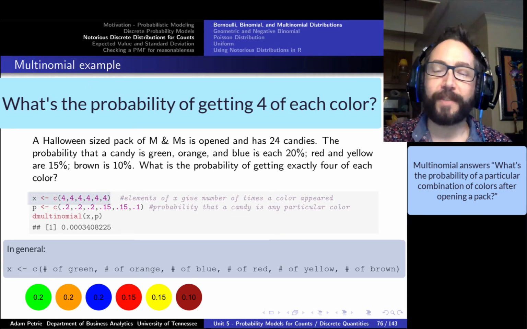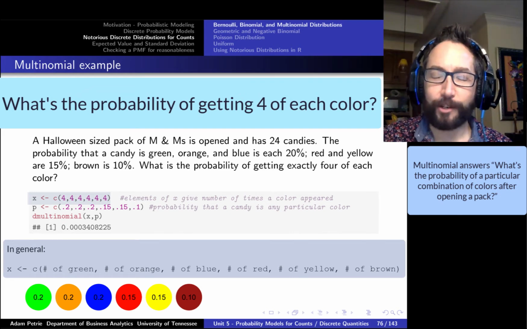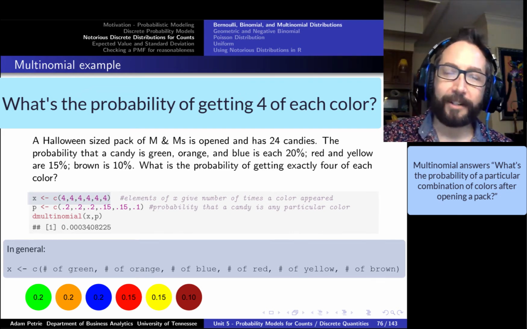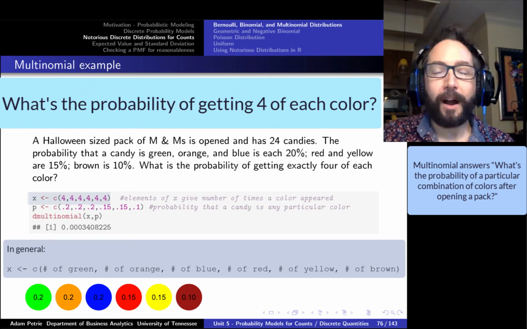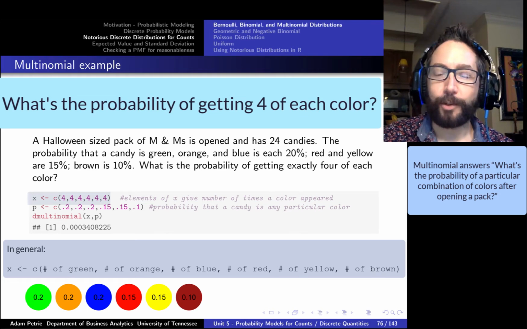In this case, it's just a vector of 4s because I'm interested in knowing the probability of seeing 4 for each one of those colors. And so I'm going to define a corresponding vector p that gives me the probability of observing each one of those particular outcomes on any given trial. So 20% chance of observing green, orange, blue.